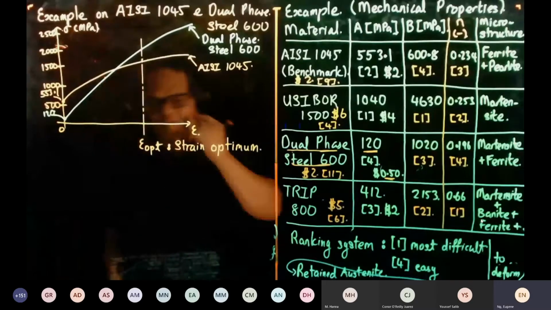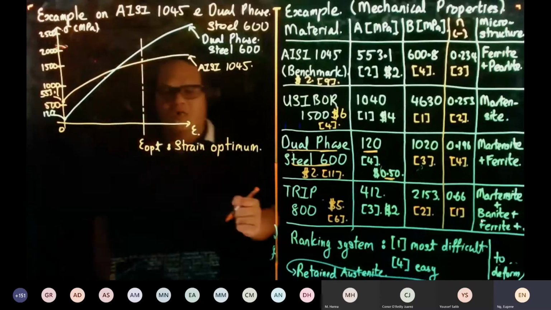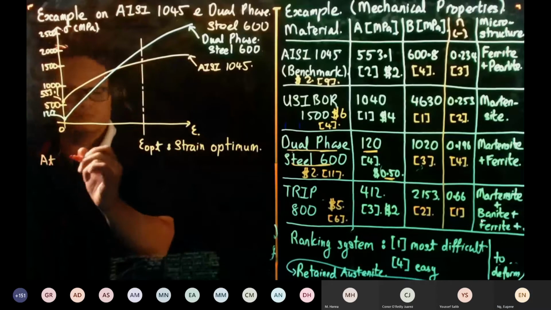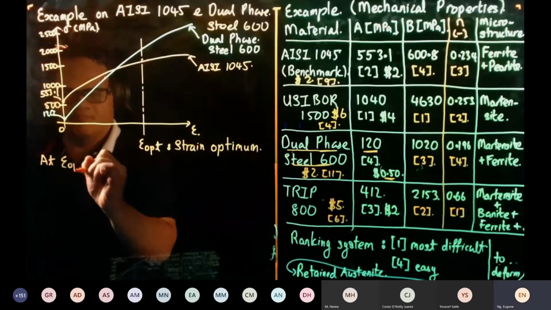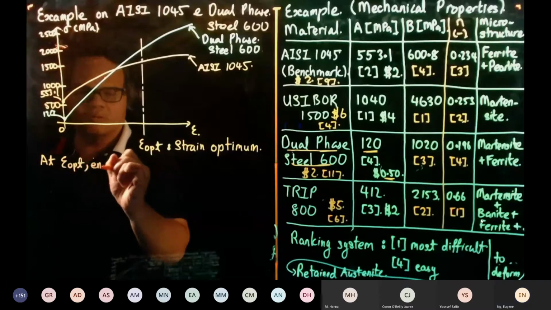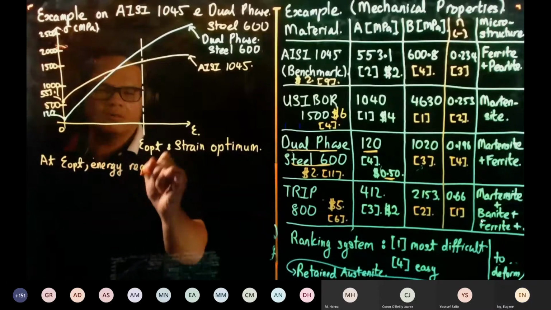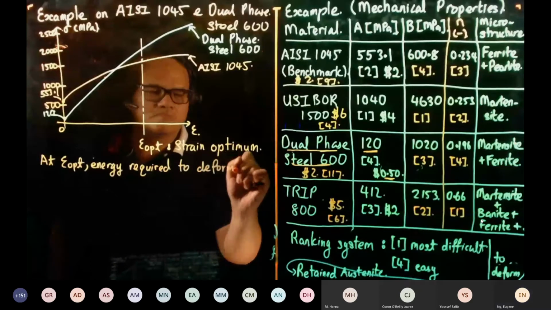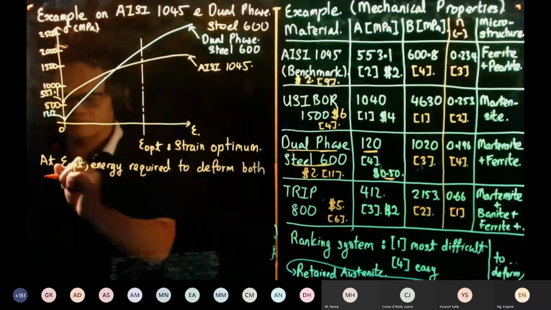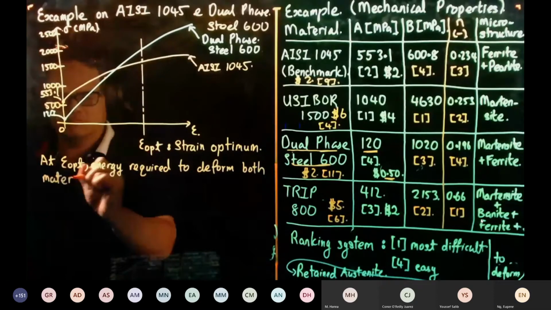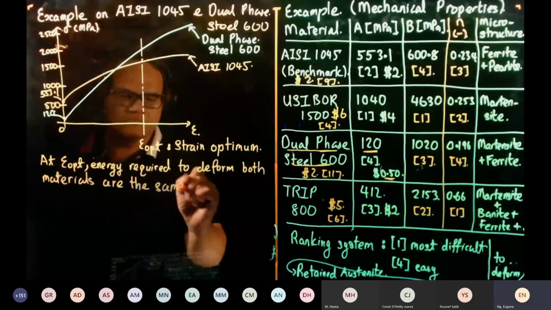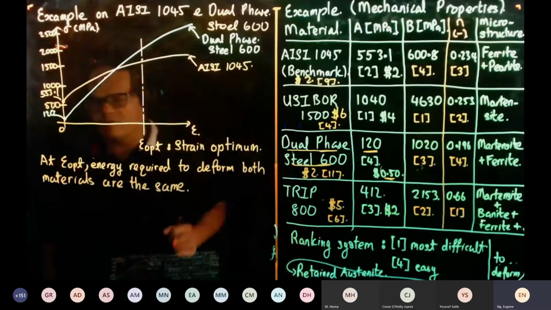So why is this point of interest? Because at the strain optimum, epsilon optimum, the energy required to deform both materials is the same.